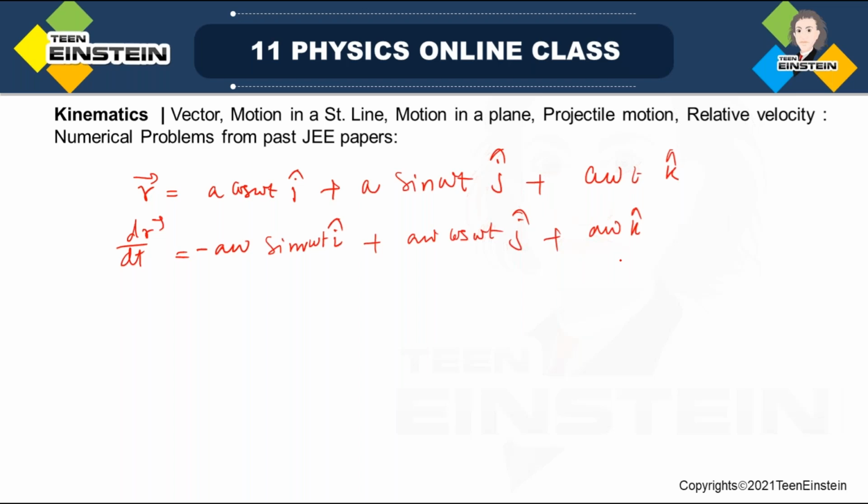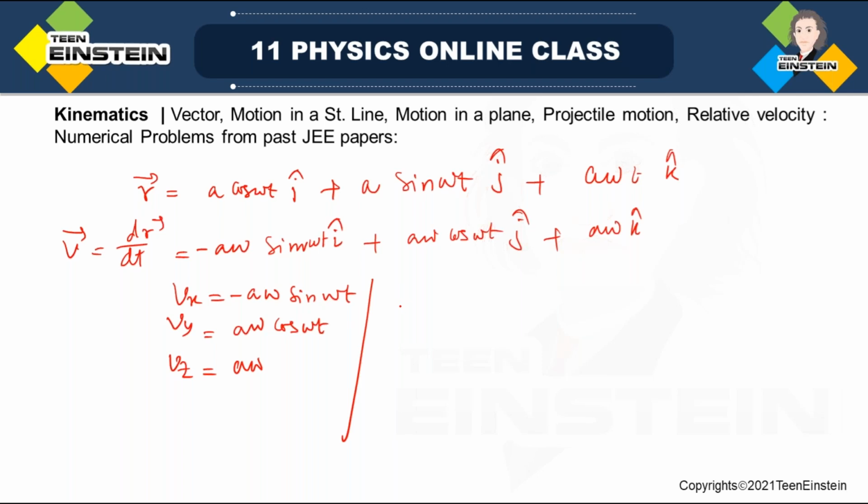Okay, so this will be actually the velocity, and here I can write Vx as minus a omega sin omega t. Vy I can write as a omega cos of omega t. Okay, and Vz is actually a omega.